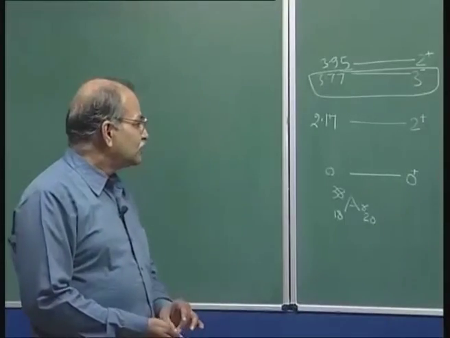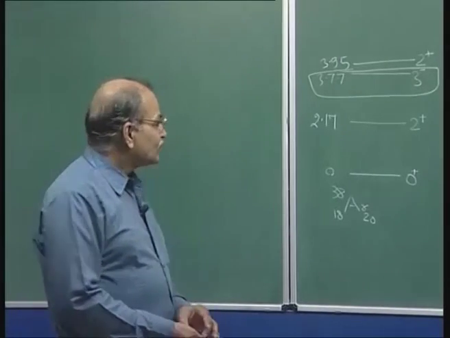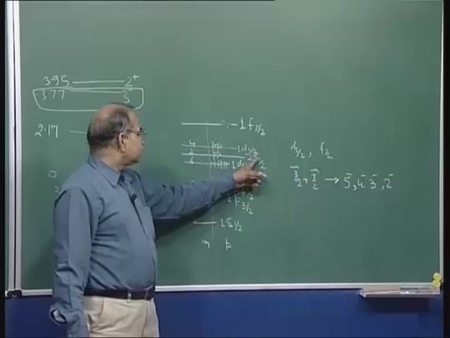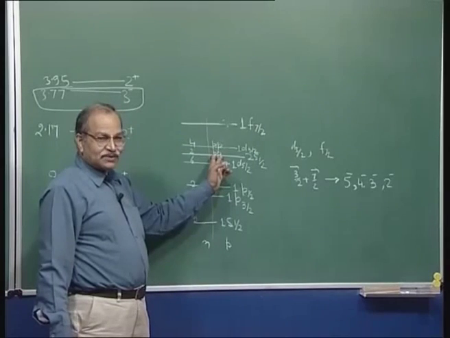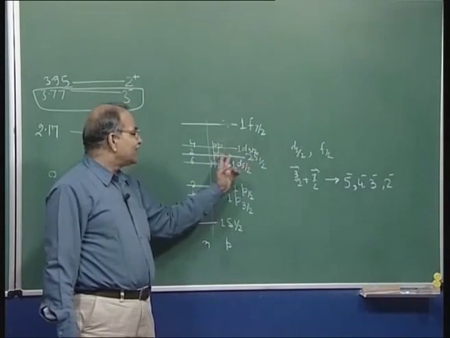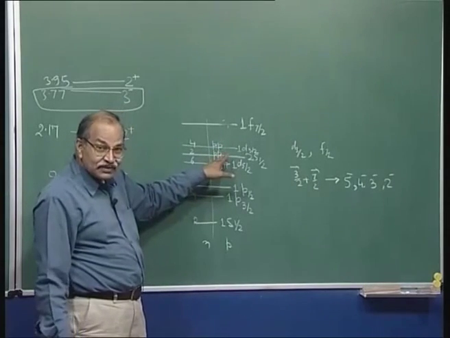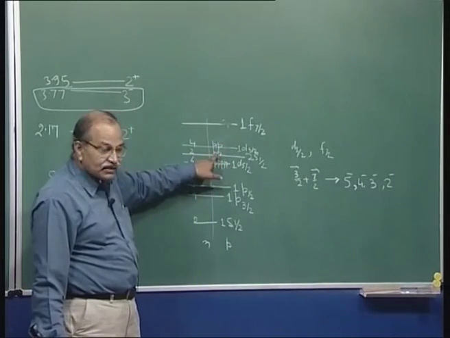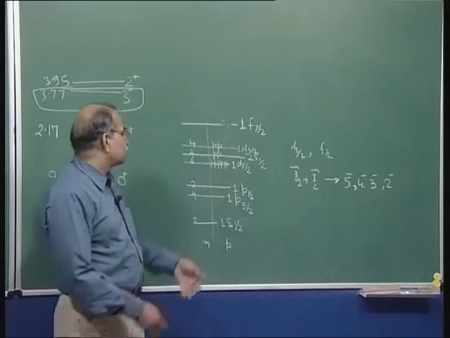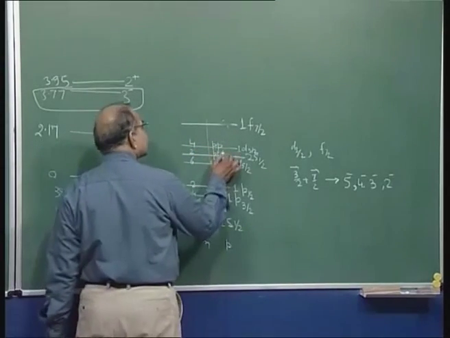These go down into S half. In S half there are already 2 protons, and it can contain only 2 protons. Nothing can come to this. What do I do? From S half to D3 by 2. Good. Yes, that's a good suggestion.